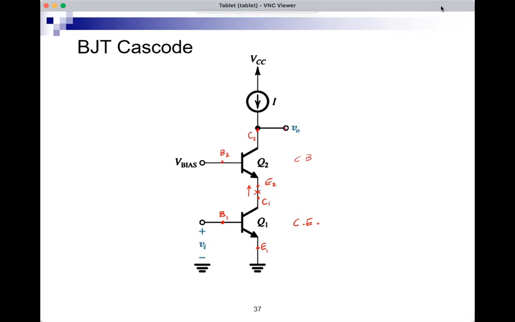The output is taken from the collector of Q2 while the input is at the emitter. The base is at DC, so no signal here. So that's a CE-CB combination. And we can analyze it like this if I want to find the voltage gain or the input resistance or the output resistance.